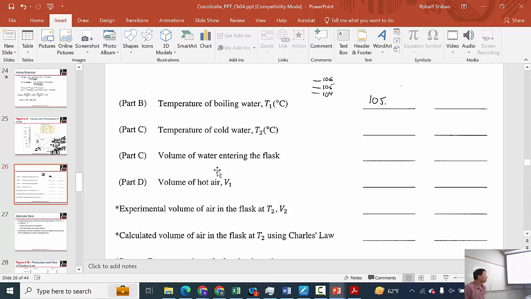105.6. When I see 105.6 degrees C, I automatically think that this thermometer is miscalibrated. That's unusually high. But it's okay, because all we care about is a difference in temperatures. If you only care about a difference in temperatures, does it matter if it's miscalibrated?